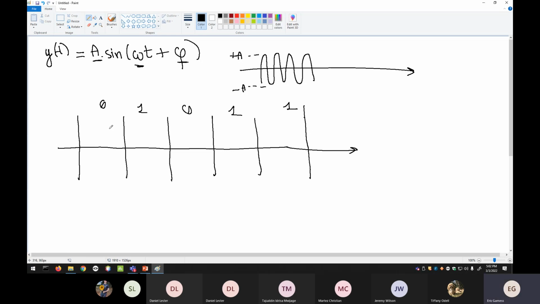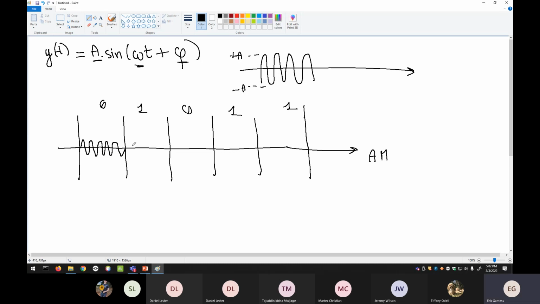Okay, so if you do amplitude modulation, you are going to have two amplitudes, a high amplitude and a low amplitude. And with the low amplitude, you will represent the 0. So this is a 0, and I use the low amplitude.